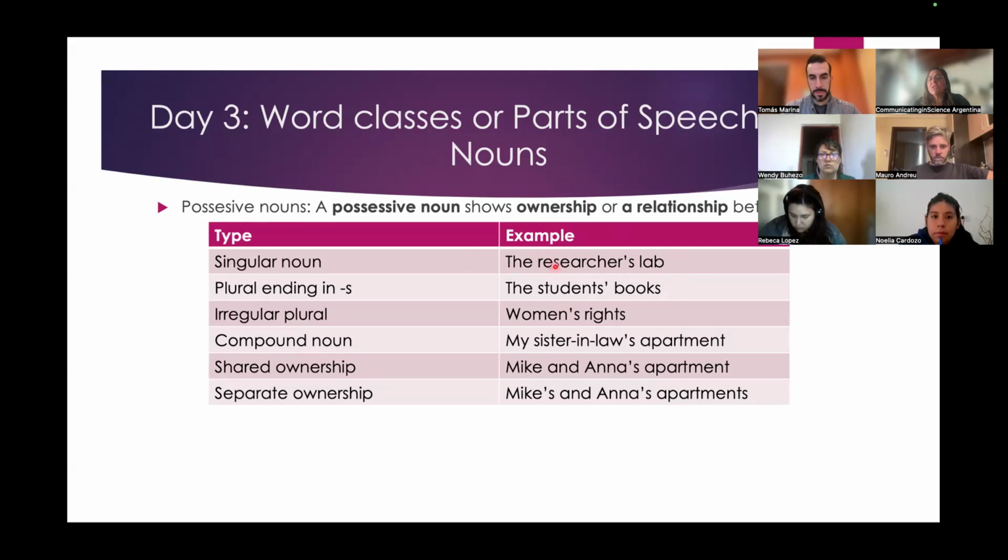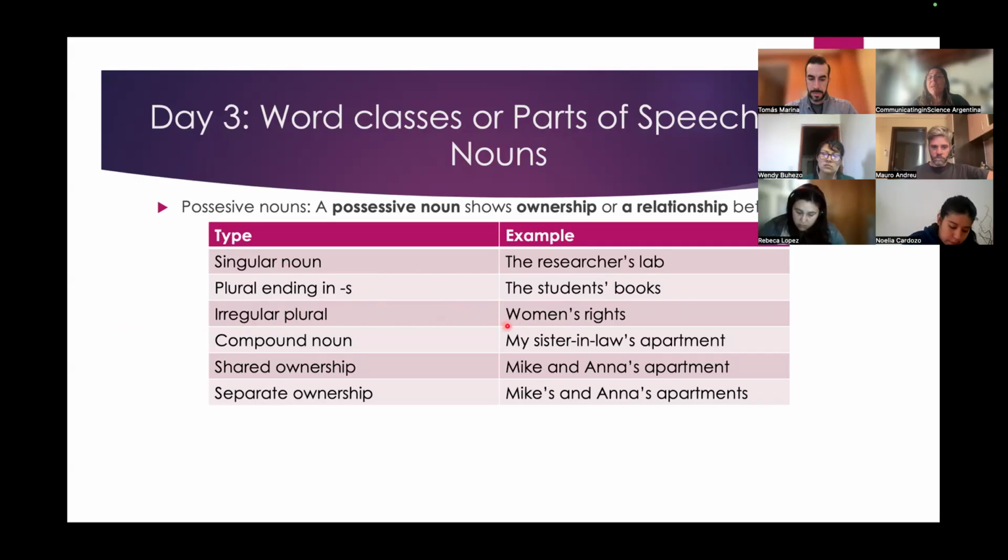The researchers' lab, meaning the lab of the researcher. To save words, we can write it like this. We put an apostrophe and an S when it's a singular noun. If it's a plural noun which ends in S, we only add the apostrophe: the students' books. We could also say the books of the students, but it sounds less natural.